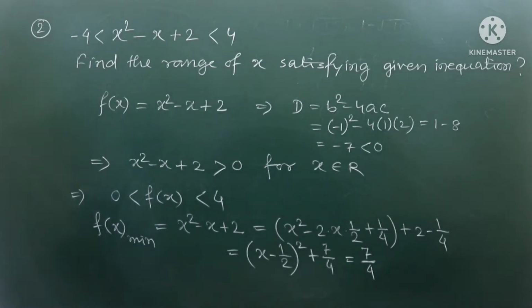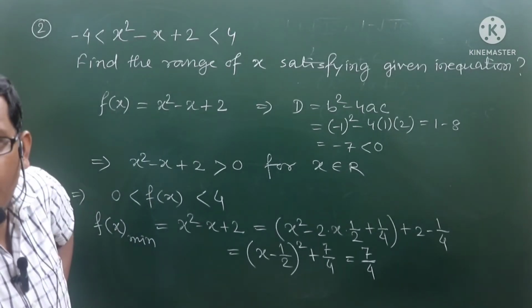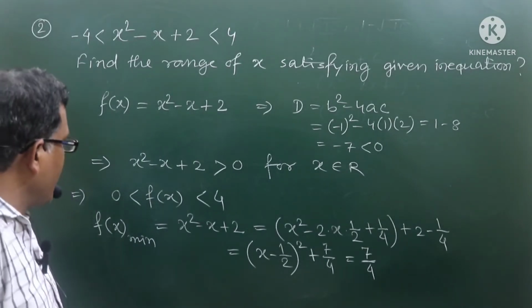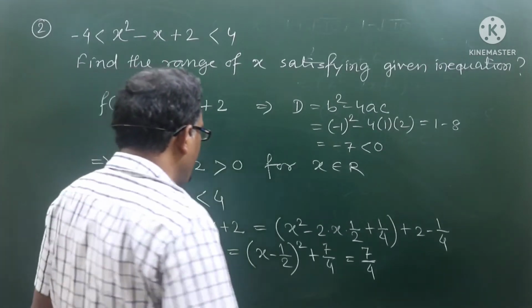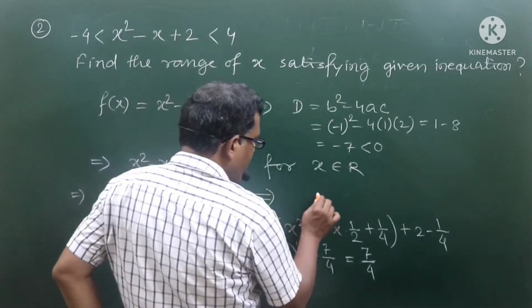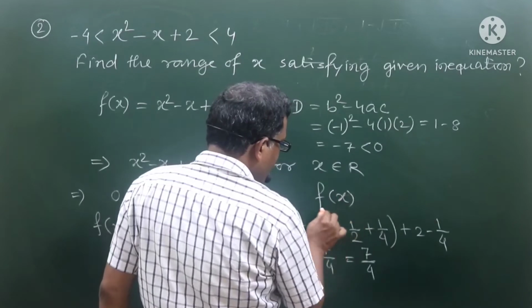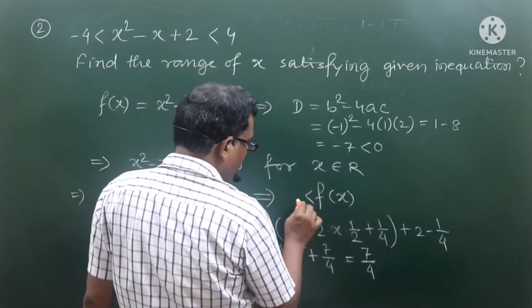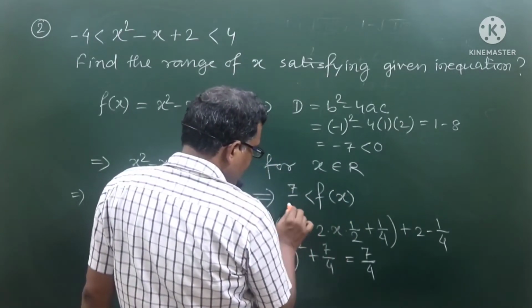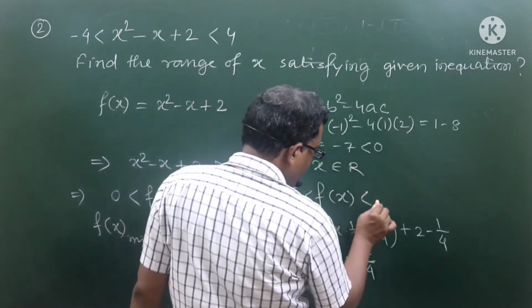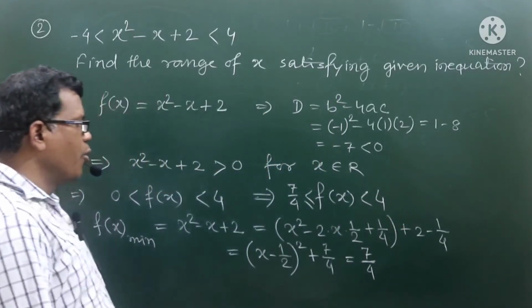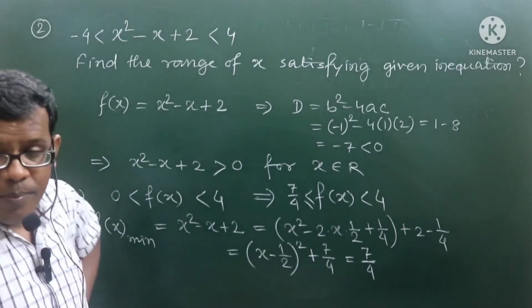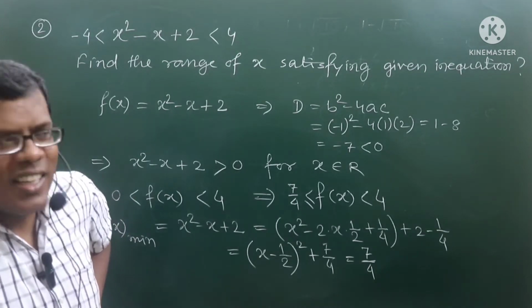7 by 4 is something more than 1, less than 2. So the actual valid range of the function for which we can find the value of x is from 7 by 4 to 4. Are you understanding it or not?